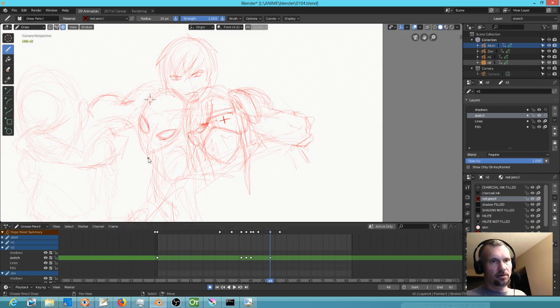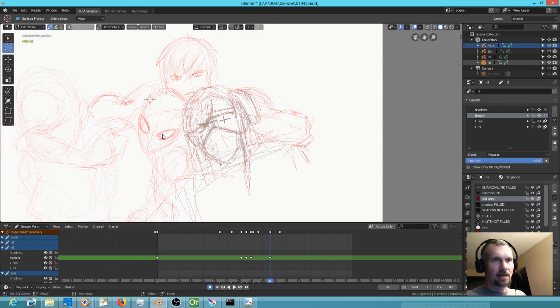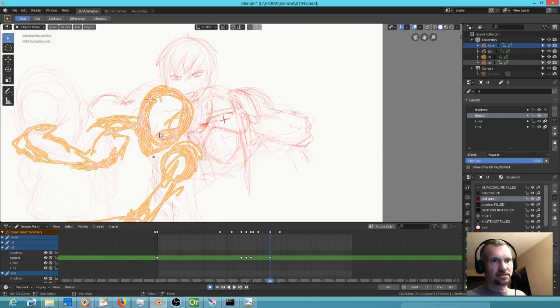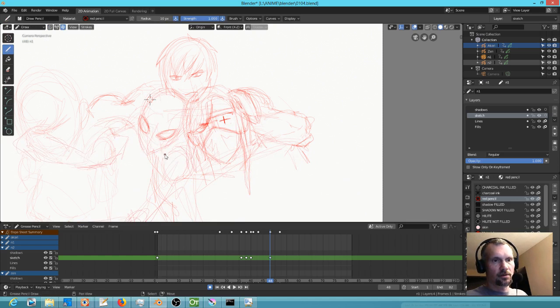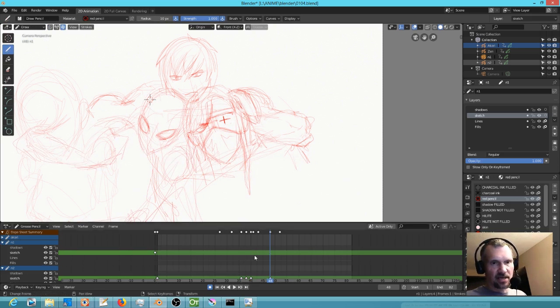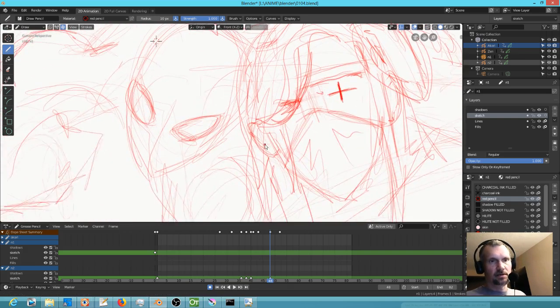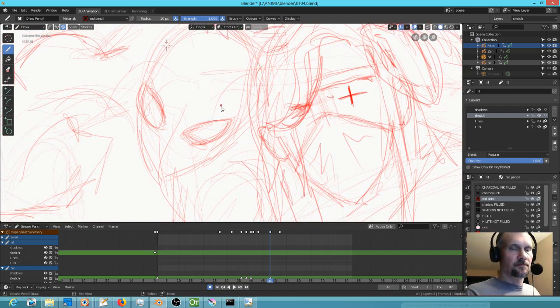Okay, so at that frame, object mode, back to this guy, draw mode. Okay, and I have to go boom so I can see my keys, and this is going to be the first key change for this guy.